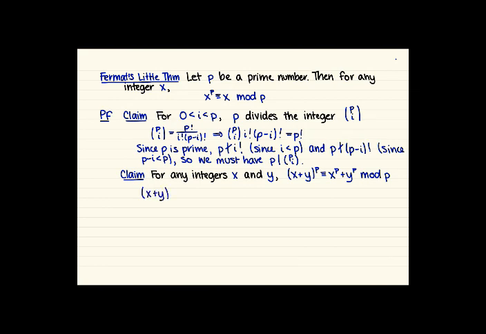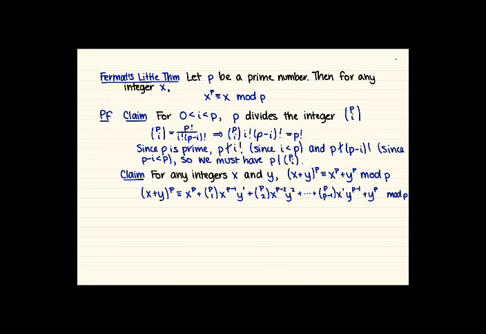So looking at x plus y to the p, that's x to the p plus p choose 1, x to the p minus 1, y to the 1, plus p choose 2, x to the p minus 2, y squared, and so on up to p choose p minus 1 times x to the 1, y to the p minus 1, plus y to the p.